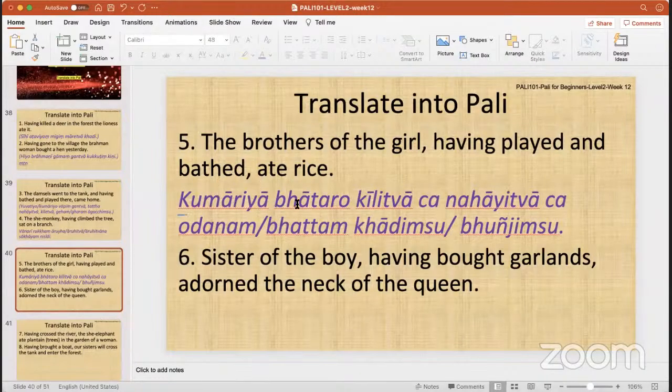In this case we also have an addition to Bhataro, but Bhataro has already come before the object. Bhatang is the object. So the subject has come before the object.